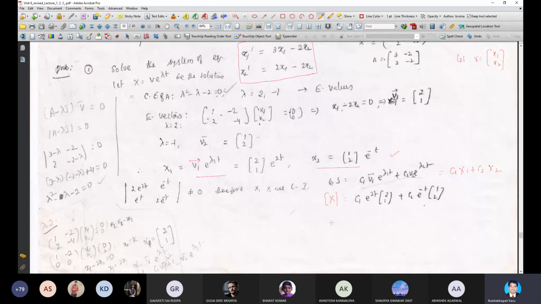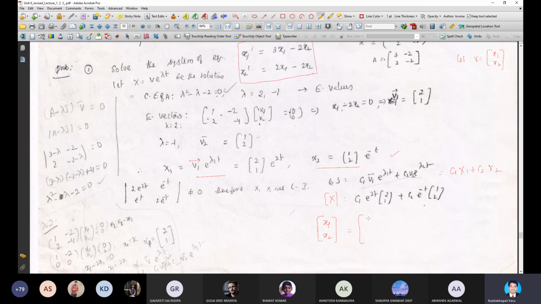So the general solution x is equal to, what is x? It is the vector x1, x2, right, equal to this.